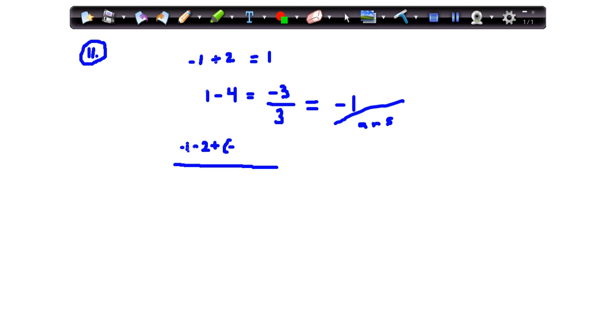Negative 4, divided by 3, equals. And you're going to come up with the same answer.